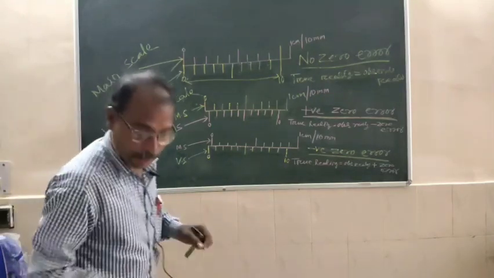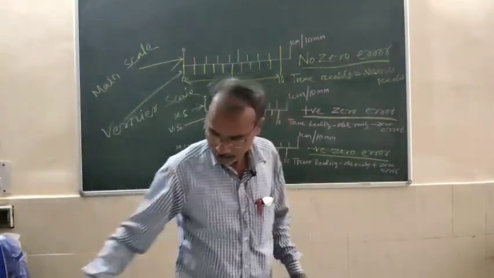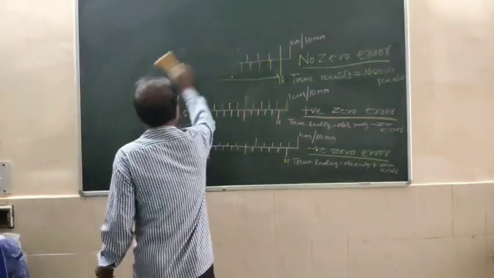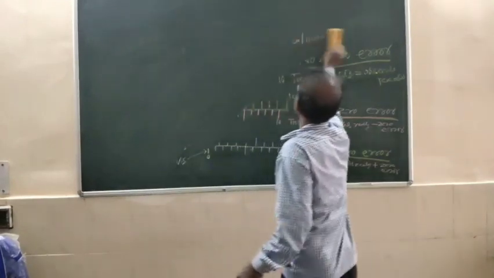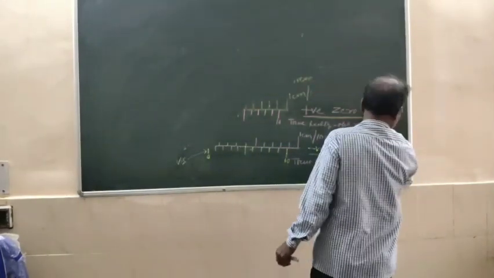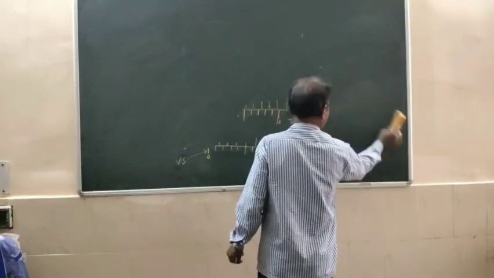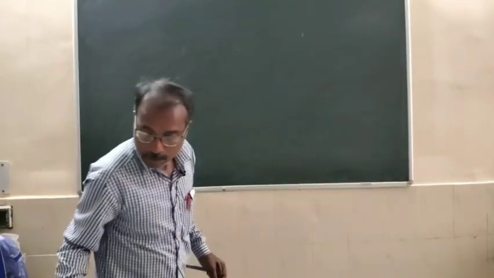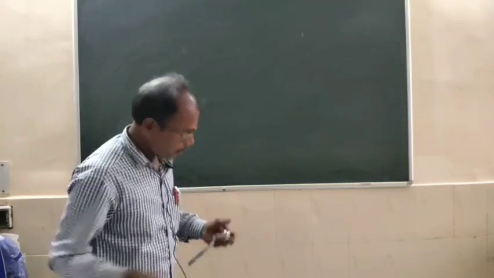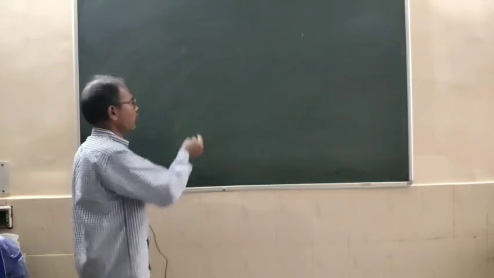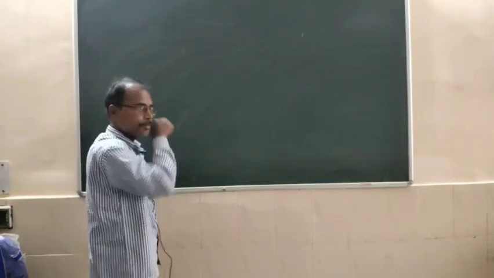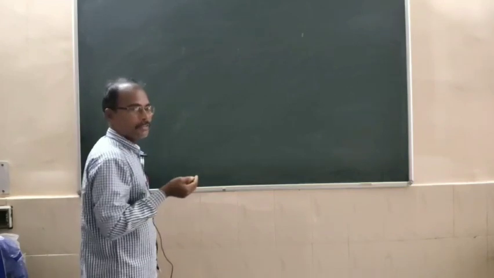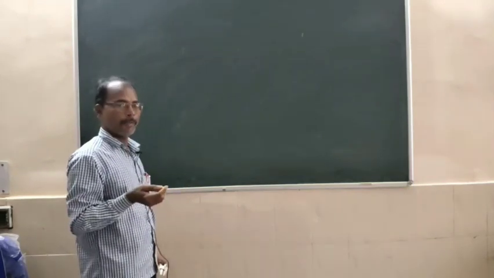Okay. Then how can we find out the least count of the slide caliper? We know that 10 divisions of the vernier scale coincide with 9 divisions of the main scale.